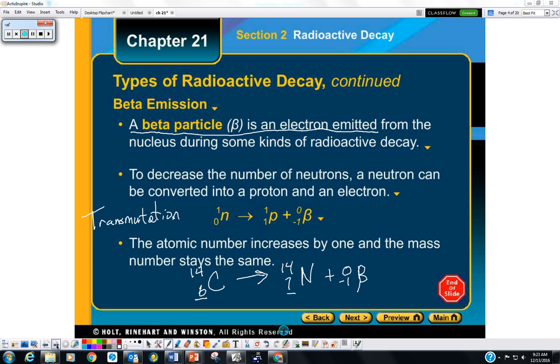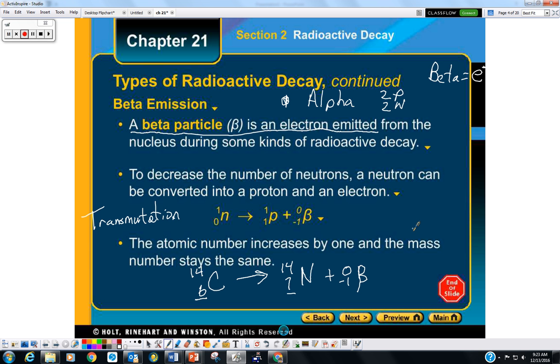The difference between an alpha and a beta is that they both come from the nucleus. An alpha particle is 2 protons and 2 neutrons. A beta particle is basically an electron, and we're going to talk about some more.